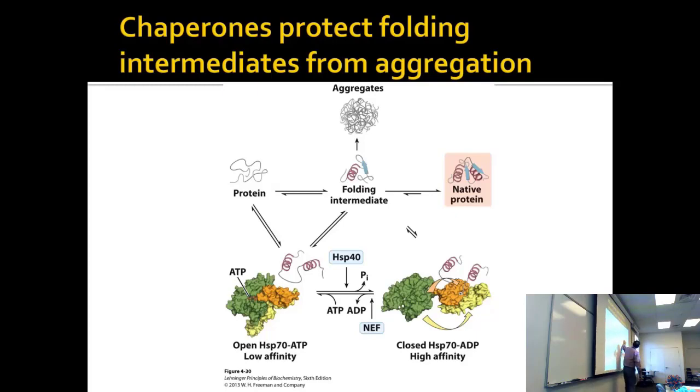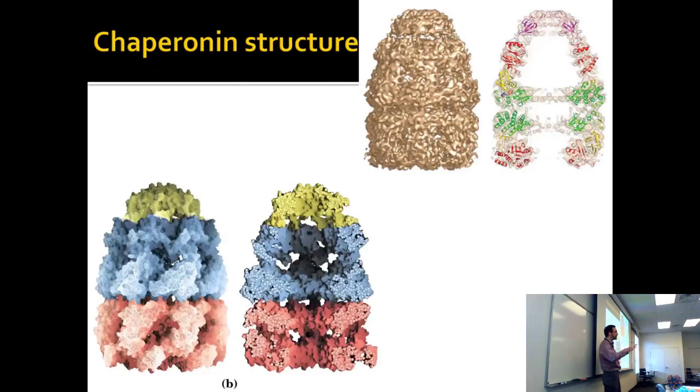They try to keep the concentration of folding intermediates by themselves, sticky ones, low. And so what they go after is this state, and eventually they let go, and then the native protein is by itself and it's able to fold without aggregating with others. It's really just keeping stuff away, sticky stuff apart.